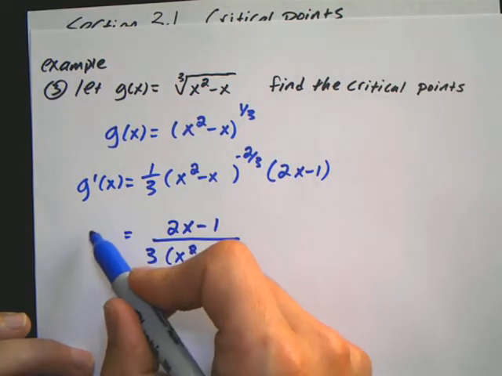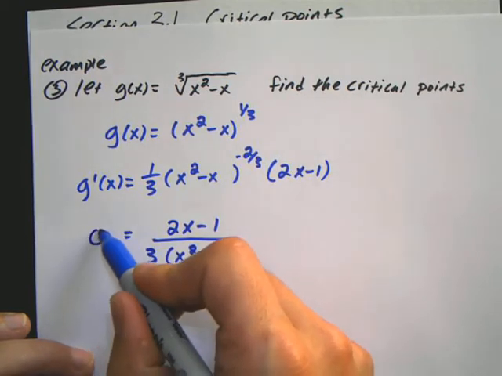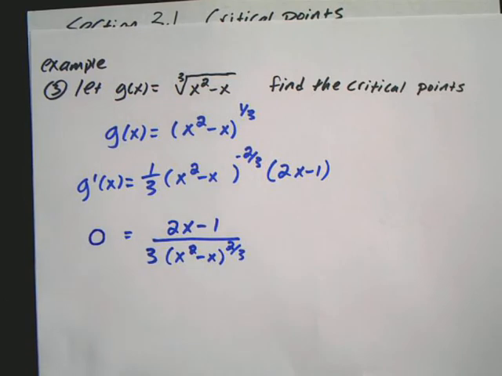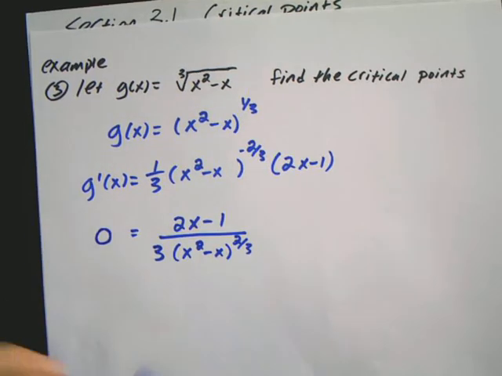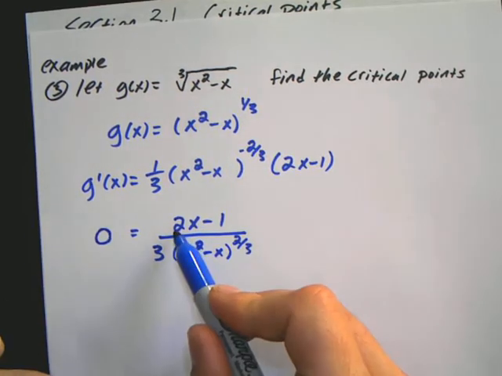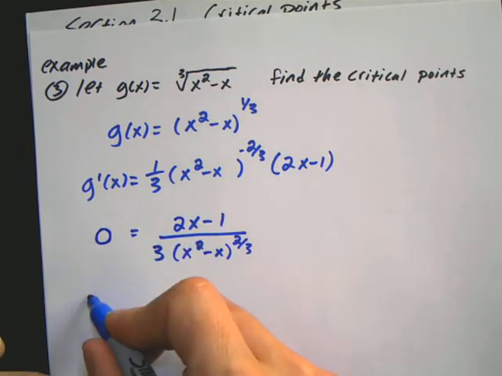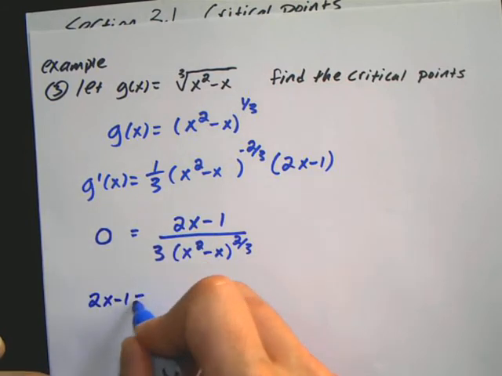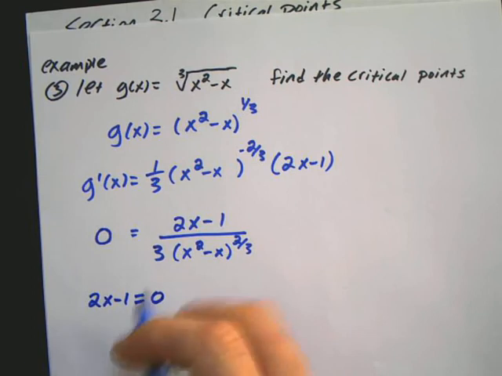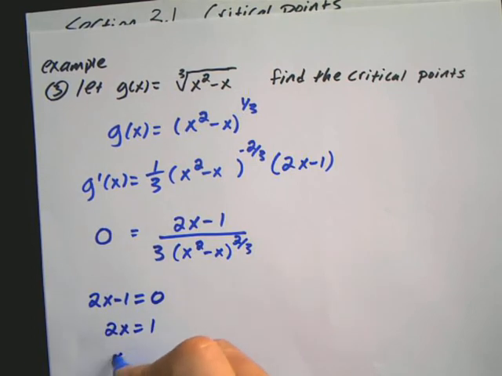Now, when I set this equal to 0, I'm going to solve only the numerator. So it's going to be 2x minus 1 is equal to 0, which is going to give me 2x equal to 1, so x is equal to 1/2. This is the case where g prime of x is equal to 0. So that's my one critical point.